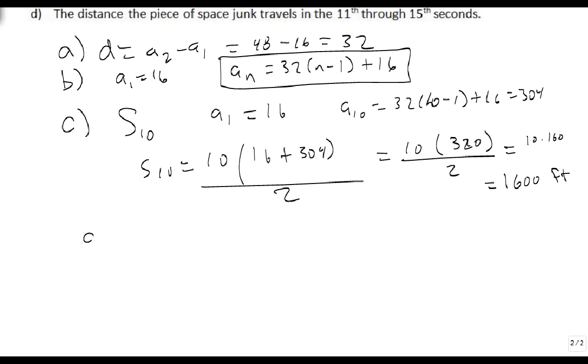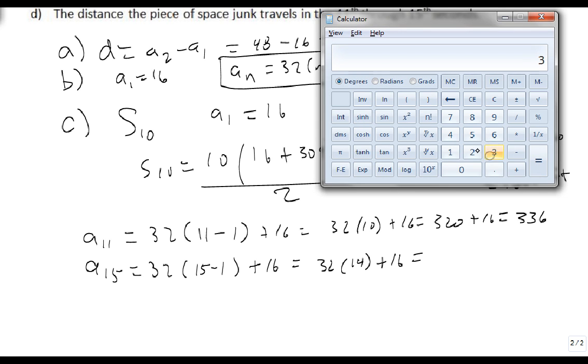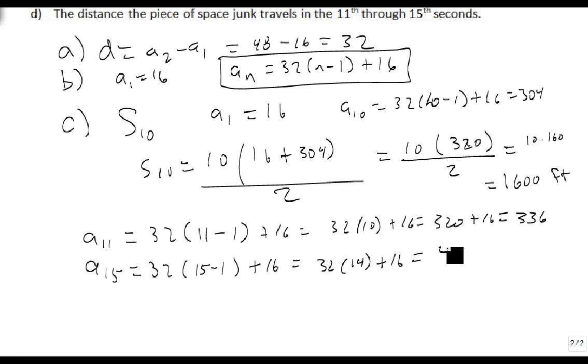So here we're going to find a11, which is just 32 more than a10, so we could use that, but I'm also going to show 32 times (11 minus 1) plus 16 is 32 times 10 plus 16, 320 plus 16, which is 336. a15 is 32 times (15 minus 1) plus 16, so 32 times 14 plus 16, which is, we'll get the calculator out again, 464.